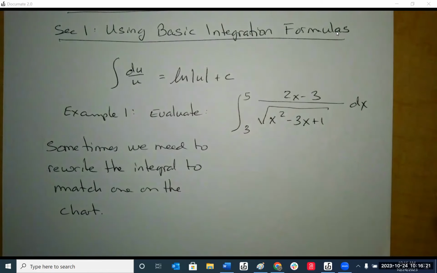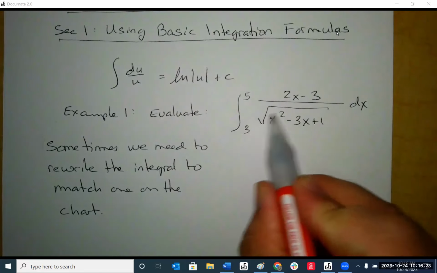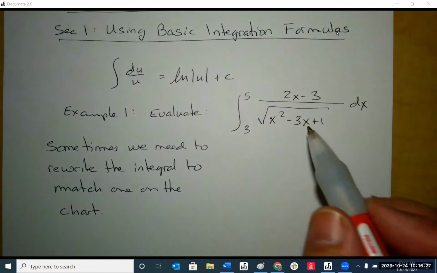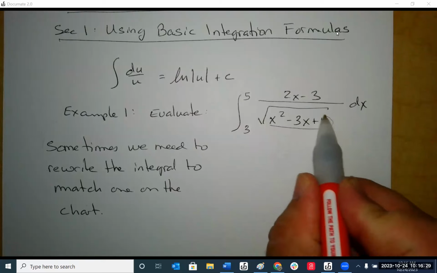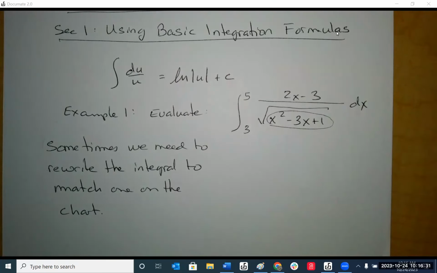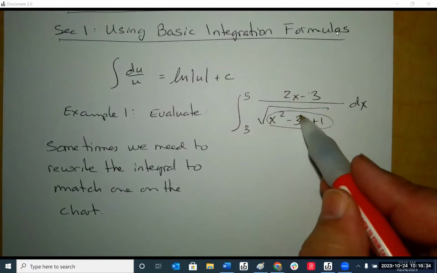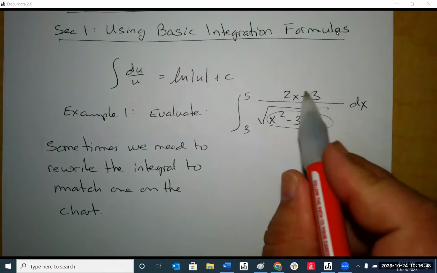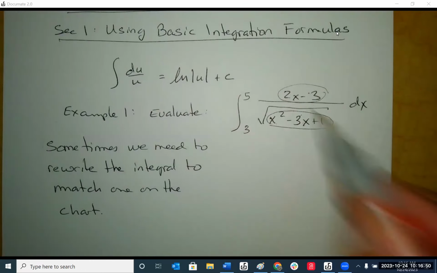Well, let's look at this one. What do we know? Always look first at the denominator and inside the operation. So let's focus on this term here. How are these two terms related?